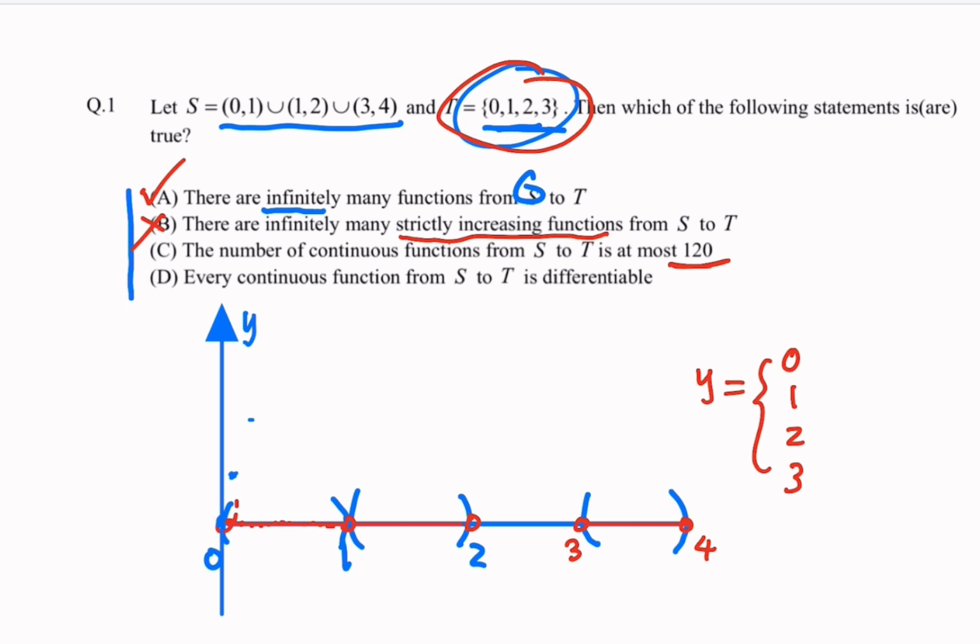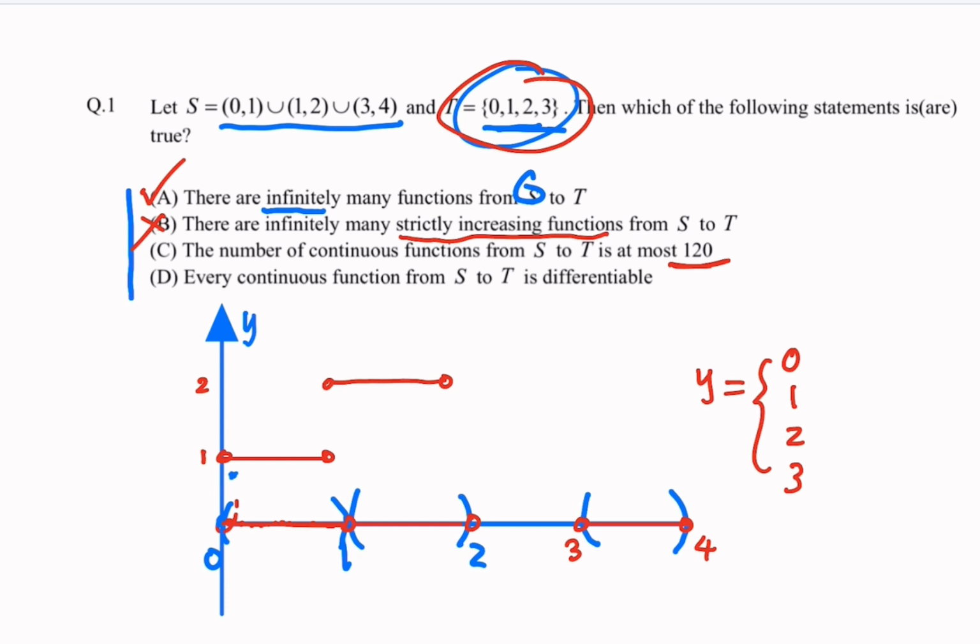In the open interval 0, 1, we claim that the value must be a constant. If not, we're going to have a jump. For example, if you take 2 different values, let's say 0 and 3, then somewhere there's going to be a jump from 0 to 3. That's not continuous. And your function looks like this, with a hole here. And the next one, you could also map to an arbitrary number, 1 or 2.